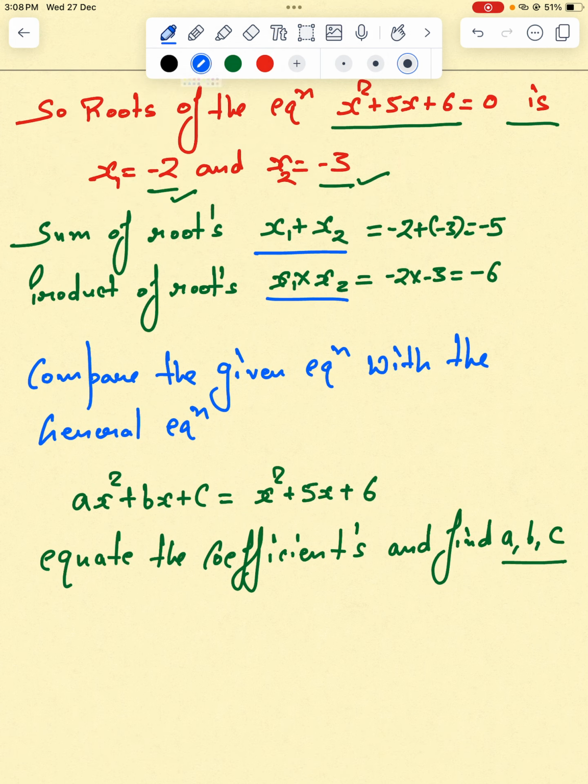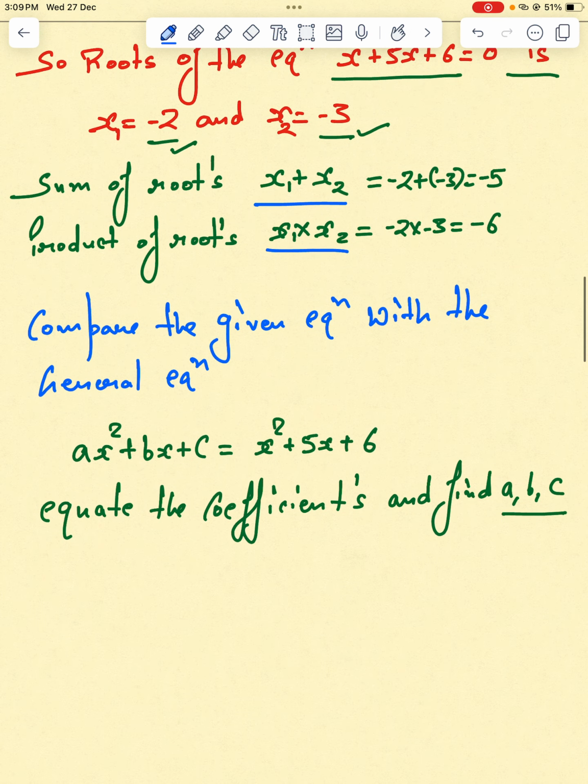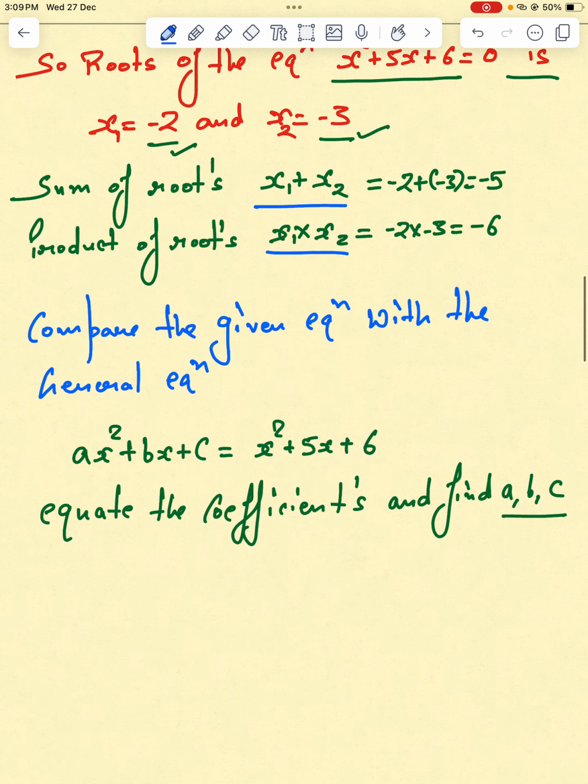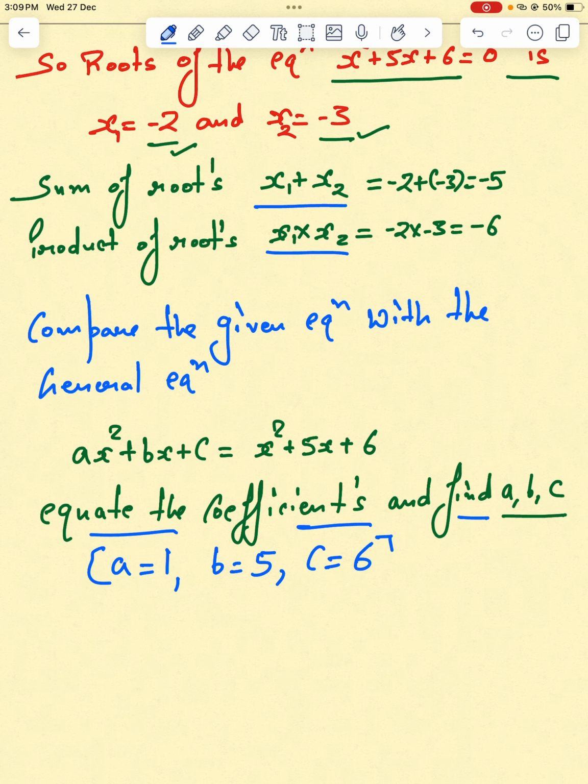Now, in order to find the relation between the sum of the roots and the coefficients of the quadratic polynomial, what we do is we first try to find the coefficients of the given polynomial by equating it with the general equation like this. Here a is equal to 1, b is equal to 5, c is equal to 6 is the constant, right?